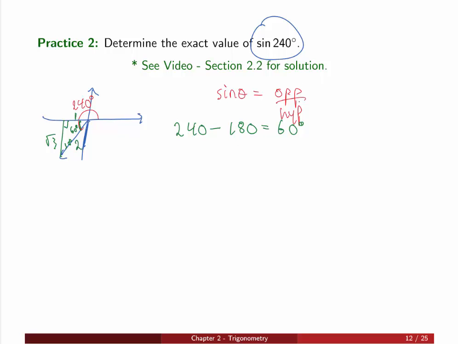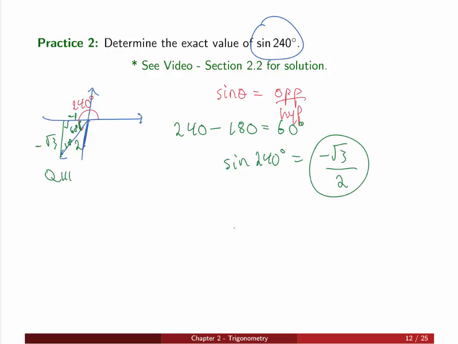So, since sine is opposite over hypotenuse, sine of 240 degrees is going to equal opposite over hypotenuse of this special triangle. Keeping in mind our signs, this is actually going to be negative root 3, and this is going to be positive 2, because we're in quadrant 3. In quadrant 3, both x and y are negative, so the opposite side is now negative root 3, and r is always positive.